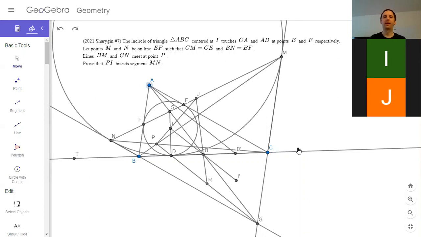Yeah, we've shown CM is parallel to AB, BN is parallel to AC. These triangles are all similar isosceles triangles, BFN, AFE, CEM, and GMN. And this is a parallelogram. So yeah, we've gotten to all that. Nice. At least I've proven it in my head.